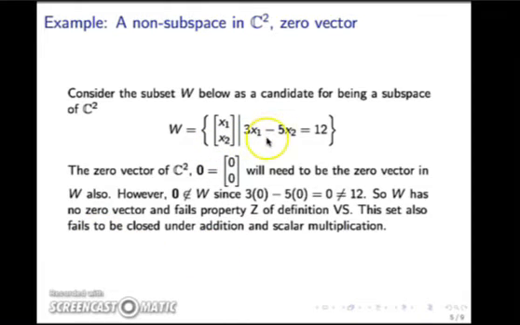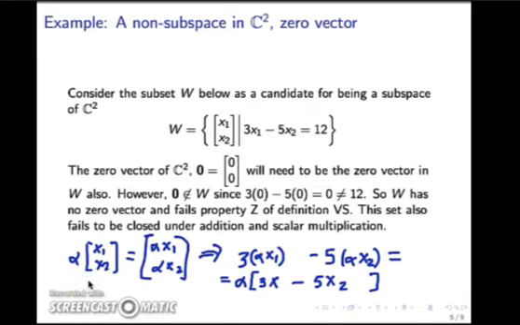Also, it is left for you as an exercise to verify whether or not, if you choose two members of W, this set satisfies the requirement of being closed under addition and closed under scalar multiplication. I provide you here with a note. I'm just going to comment on one of the two. You should do the other one. Consider the scalar multiplication alpha times x, where x, a member of W, is x1 and x2, so that scalar multiplication is a new vector with entries alpha x1 and alpha x2.